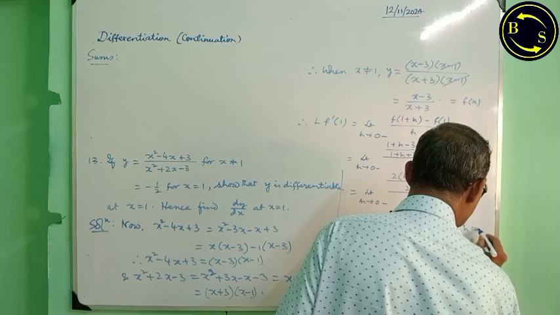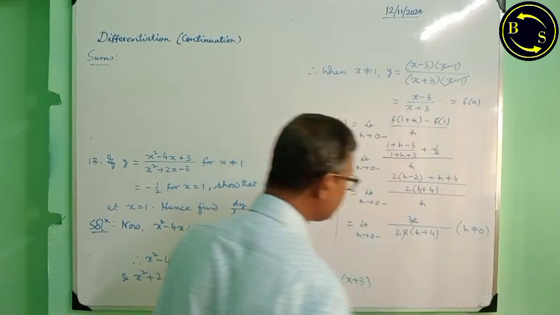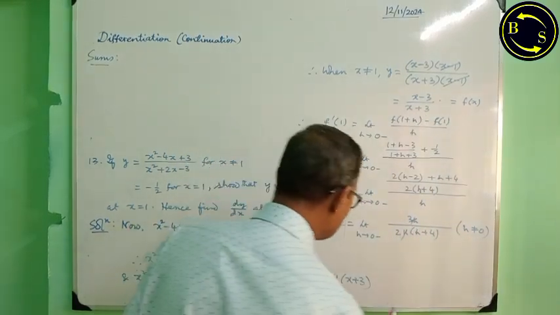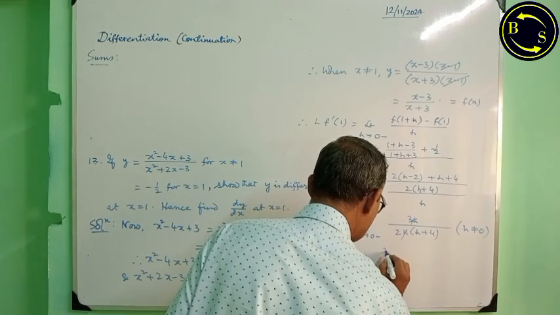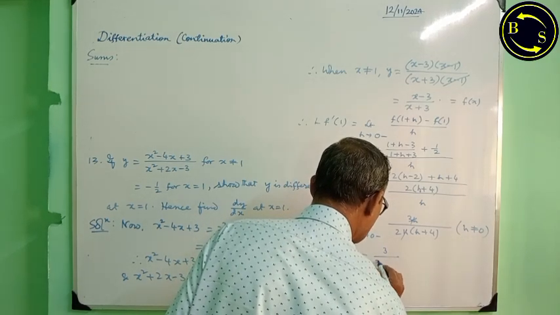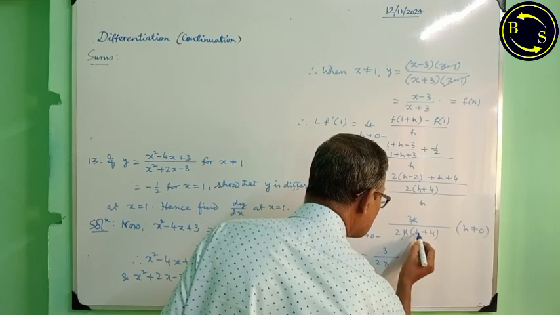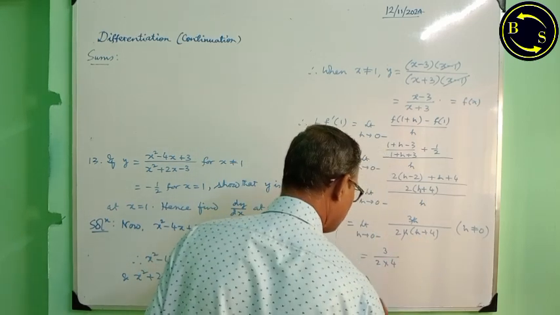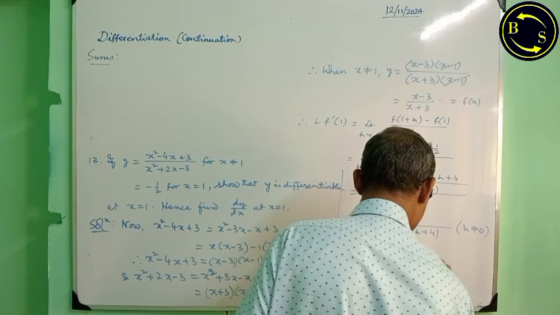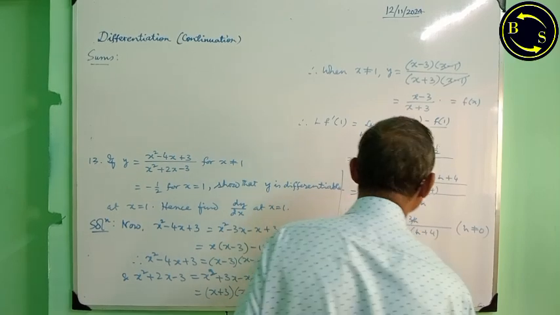Mention h not equal to 0. Therefore we get this equal to 3 by 2 into, in place of h we finally put 0, 4. Therefore 3 by 8.